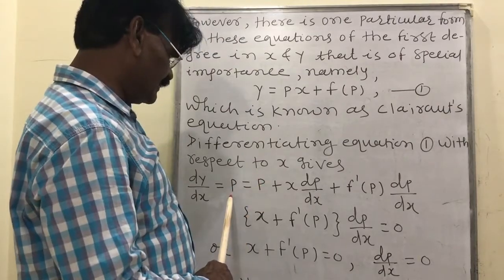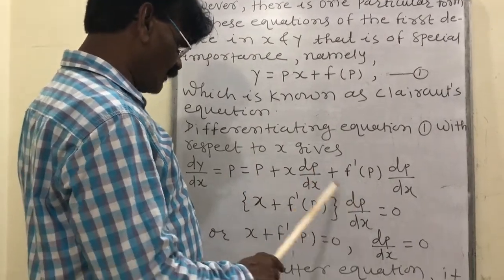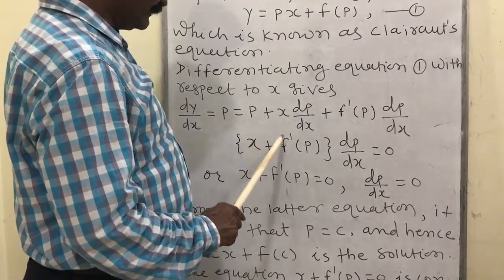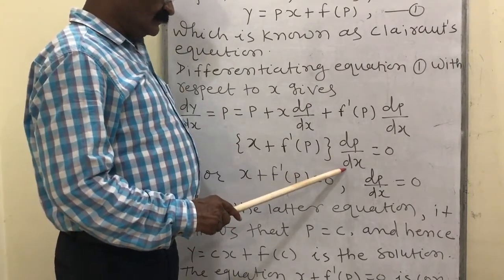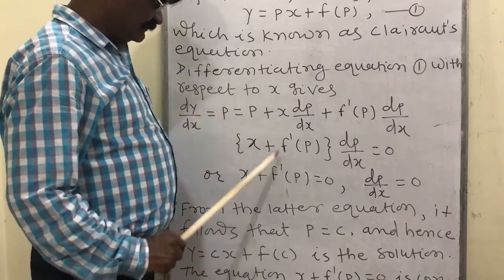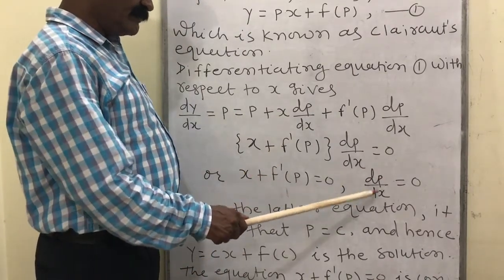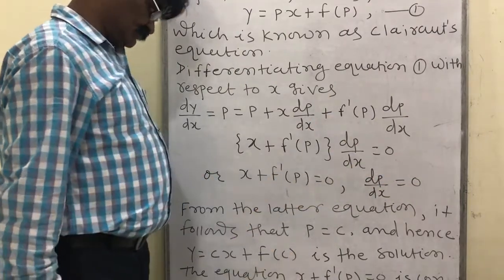This p and this p will be cancelled, so dp by dx is taken out common and we write in brackets x plus f dash of p into dp by dx is equal to 0, so either x plus f dash of p is equal to 0, or dp by dx is equal to 0, meaning dp is equal to 0.